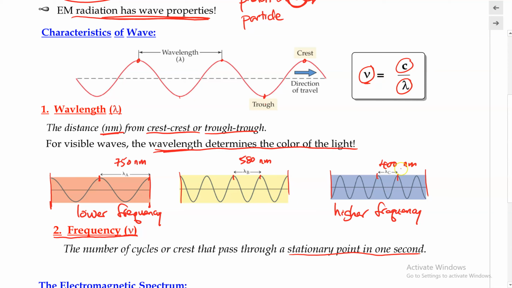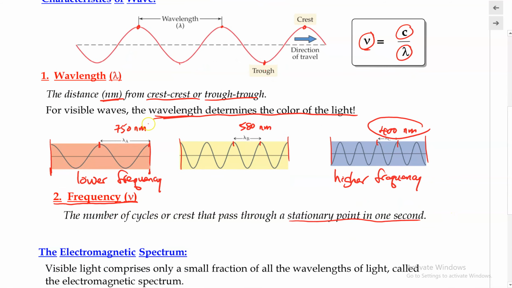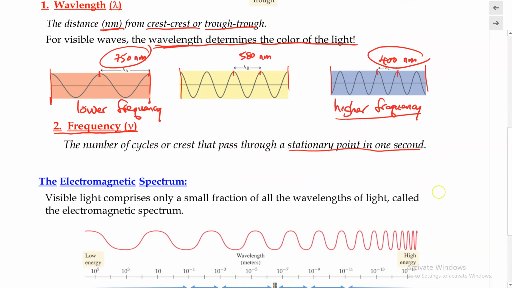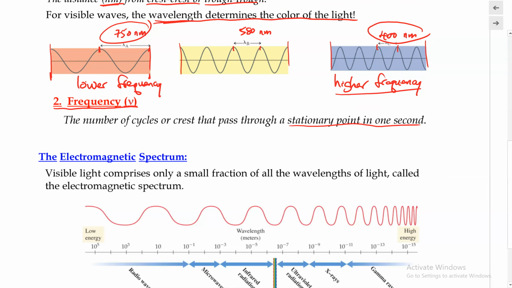Because this wavelength is 400 nanometers compared to 750 over here, this one will have higher frequency. The frequency of a wave is often associated with its energy. So the higher the frequency of the wave, the higher in energy that wave would be. The wave carries more energy within it.